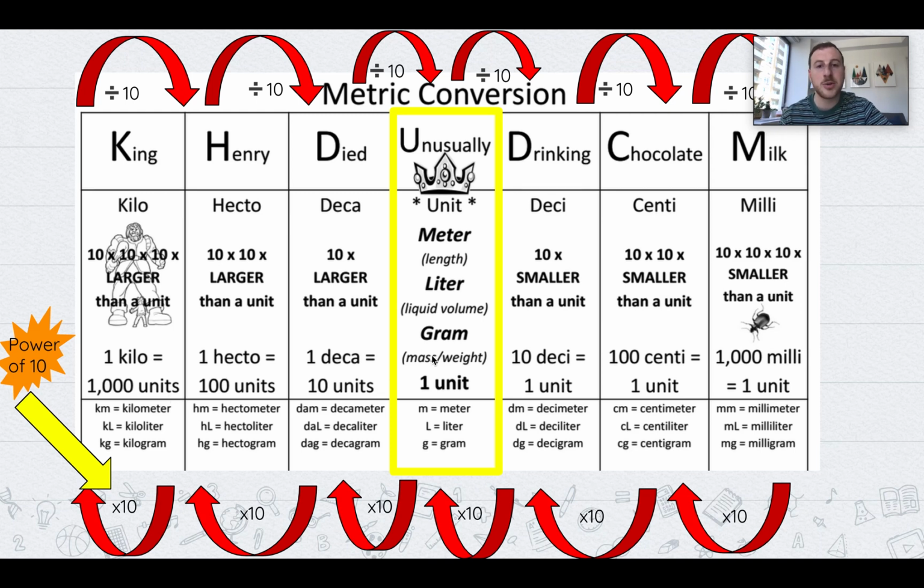The same is true if you move to the right of the base unit. You can move to the right to a deci, which you would divide by a power of 10 from the base unit. You can go to a centi and to a milli. Now, if you're going from 1 meter to 1 millimeter, then you would divide by 1, 2, 3 powers of 10, otherwise known as dividing by 1,000.